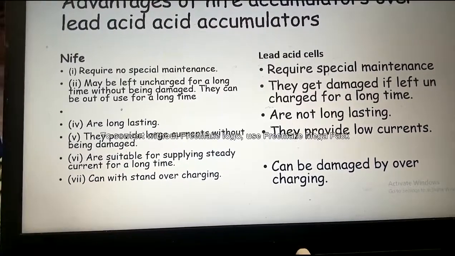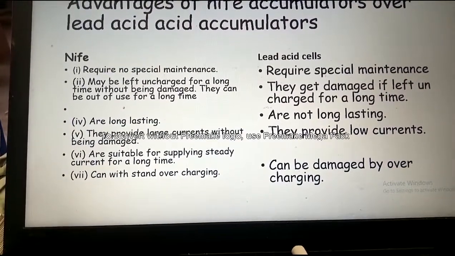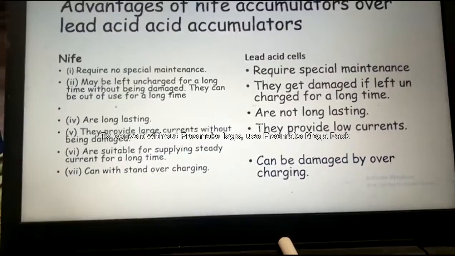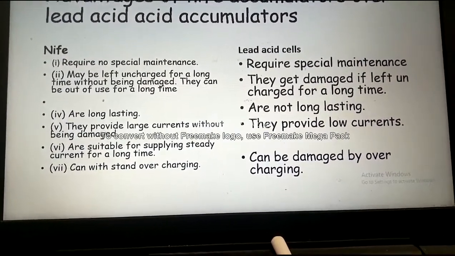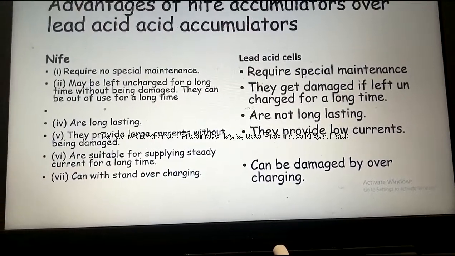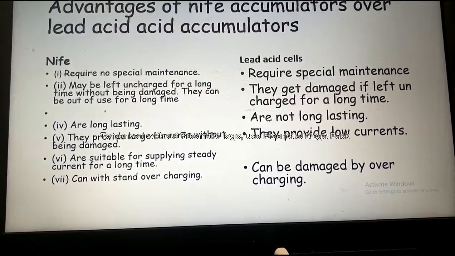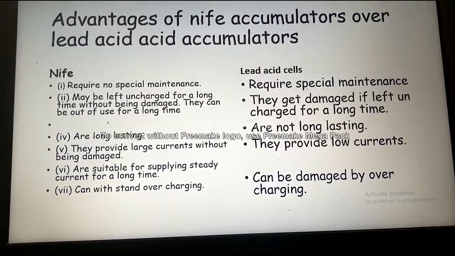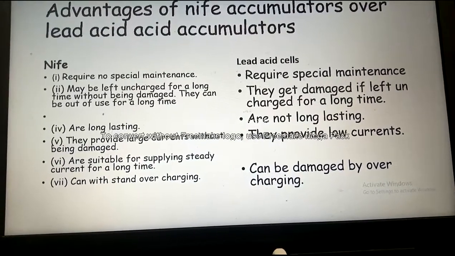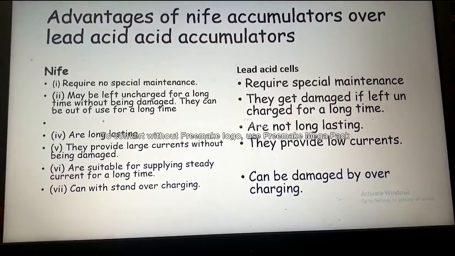Then knife accumulators can withstand overcharging without getting damaged, but lead acid accumulators can be damaged by overcharging. We are also saying that knife accumulators provide large currents without being damaged, whereas lead acid accumulators provide low currents.